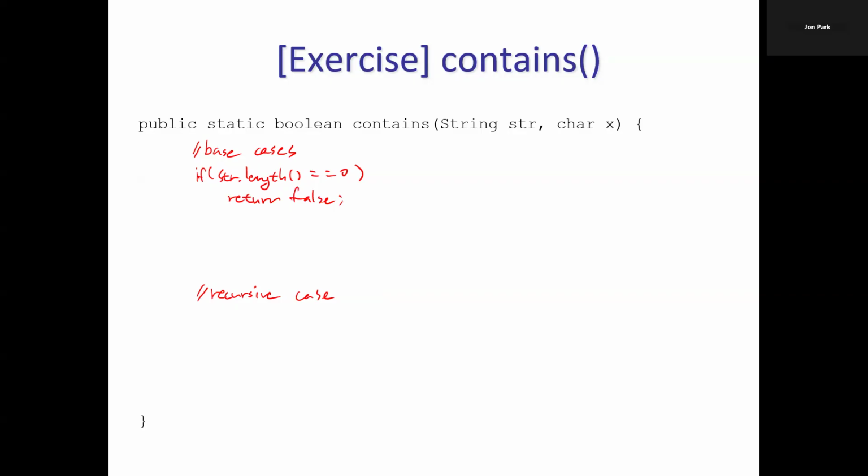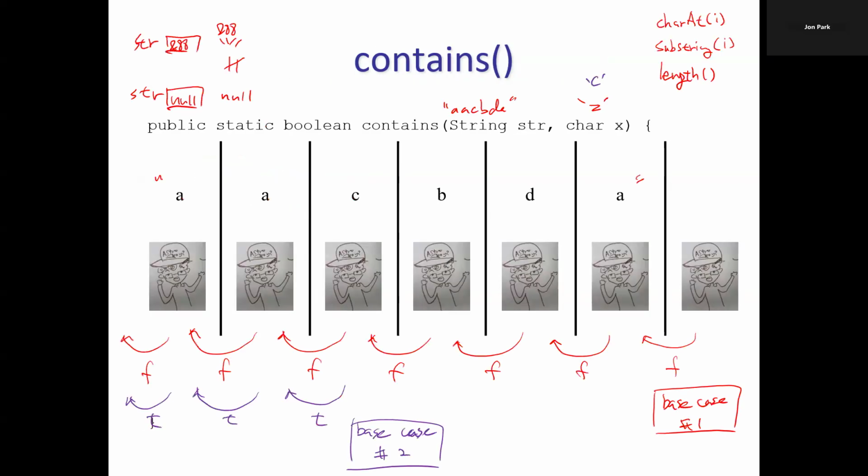How do you check for the second base case? Connor? str char dot equals x, return true. Good. So the way we're using substring, we're chopping off the first letter, which means you want to check that first letter before you chop it off.